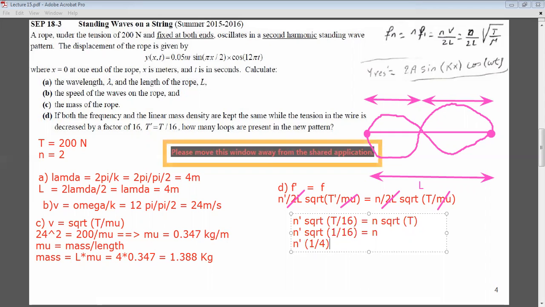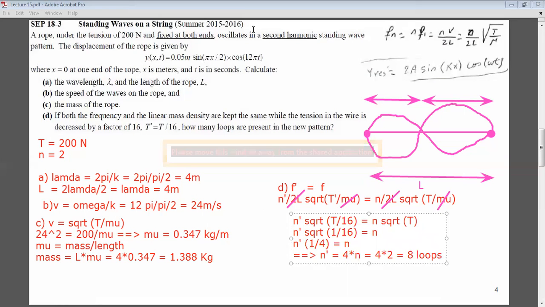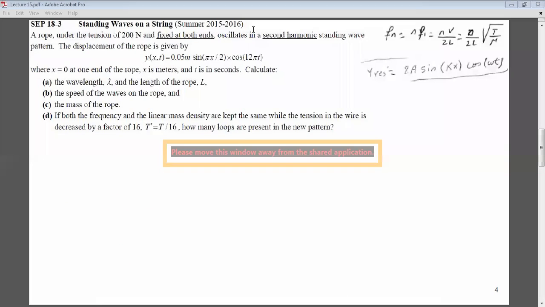So n prime over 4 is equal to n, which implies n prime equals 4 times n, and this gives 4 times 2, because n was 2 in the beginning, and this gives me 8 loops. So indeed, if I decrease the tension, I see more loops. Okay, let's do another exercise.